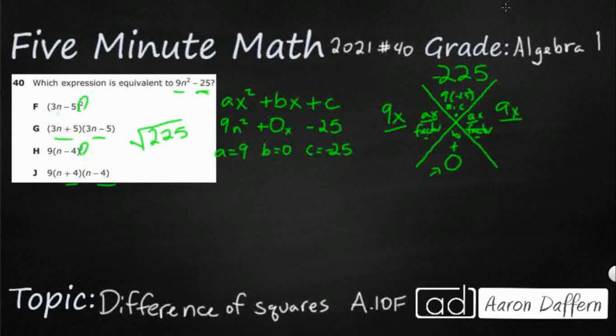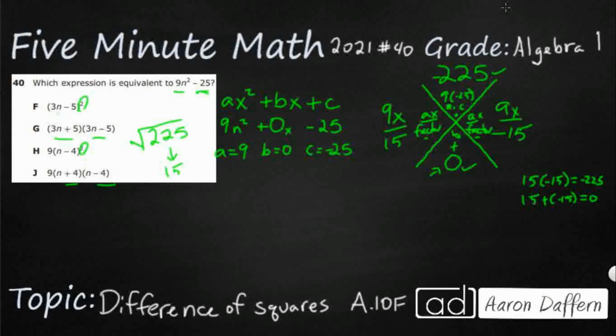Because if I can do that, well, there we go. That is simply 15. So watch this. If I do 15 times negative 15, that's going to give me my negative 225. And then if I do 15 plus negative 15, that's going to give me my 0. And that's what I need for these two things right here. So let's put 15 and negative 15.